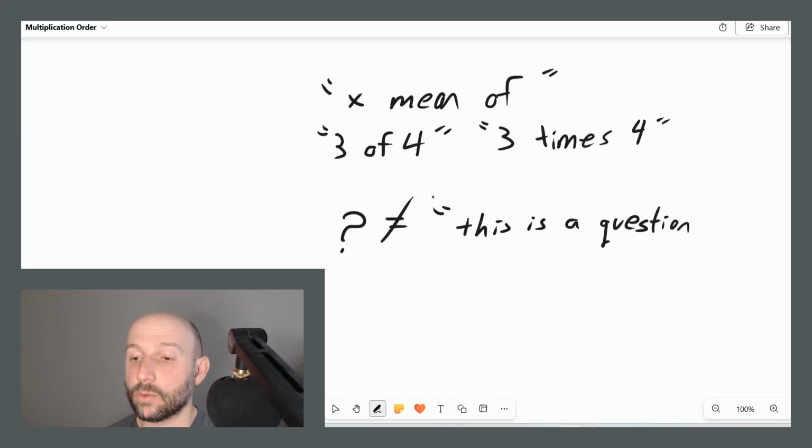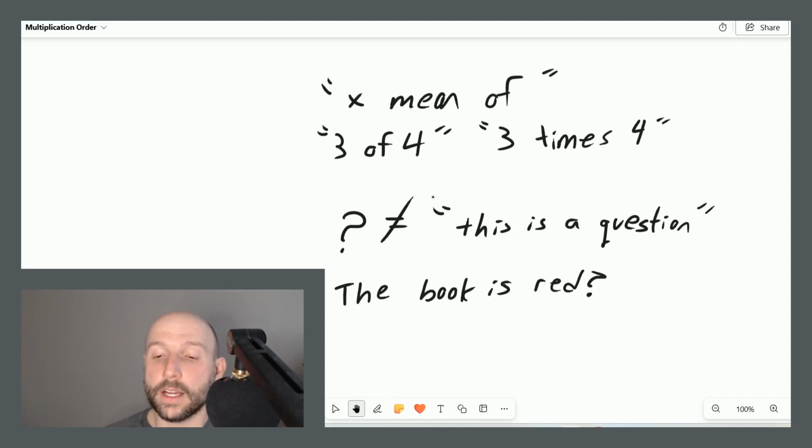That's why when you see something like "The book is red" followed by a question mark, you're not going to read it as, "The book is red, this is a question." No, the question mark is a concept, meaning that whatever comes before it is transformed into a question. So you would read it as, "The book is red?"